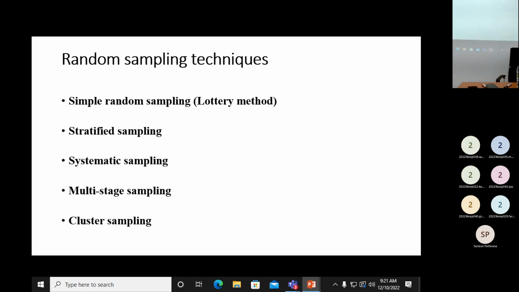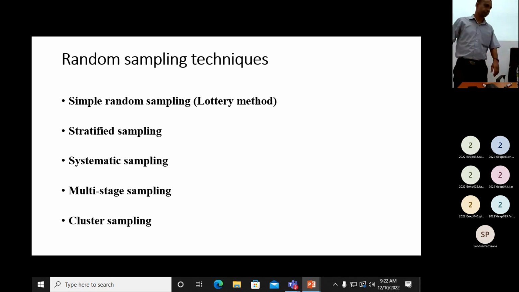Then all this stratification will be represented. That's why it is called stratified sampling. All strata will be represented. Like that, education also you can consider. O level, A level, graduate, how many employees, then maybe 3 to 2 to 1. Then accordingly you select your sample.